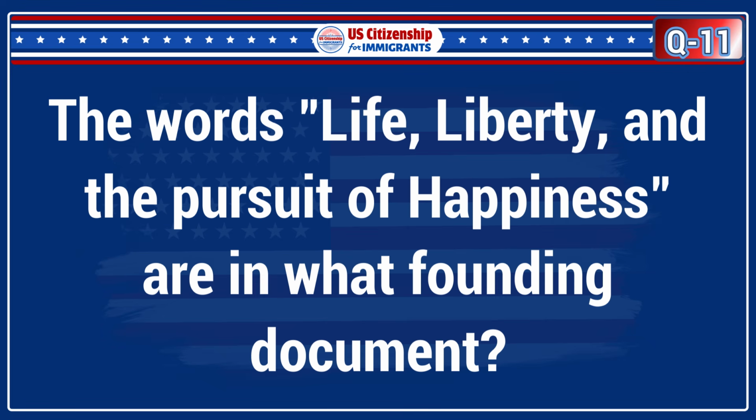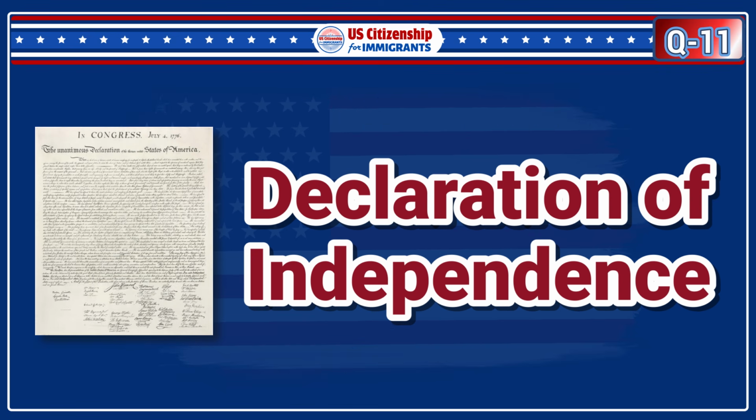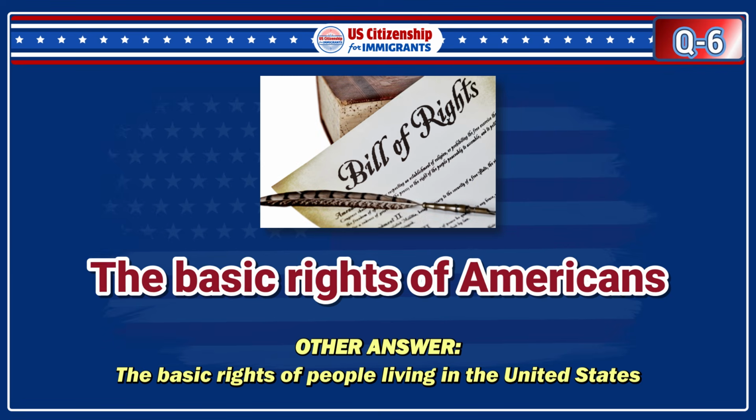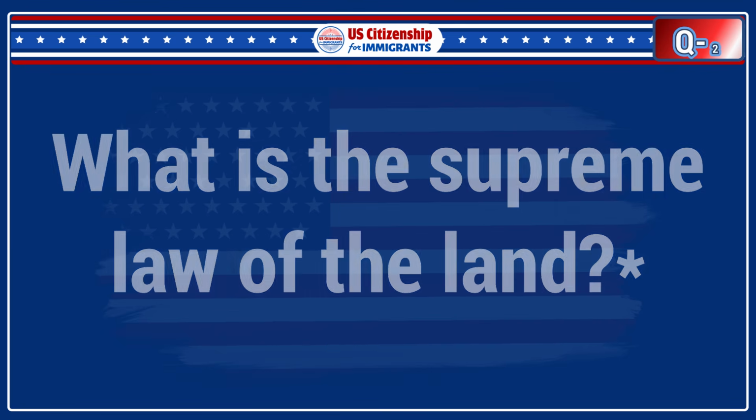11. The words life, liberty, and the pursuit of happiness are in what founding document? Declaration of Independence. 6. What does the Bill of Rights protect? The basic rights of Americans. 2.